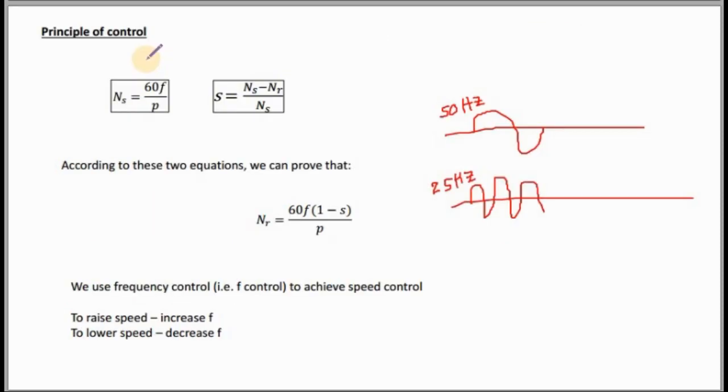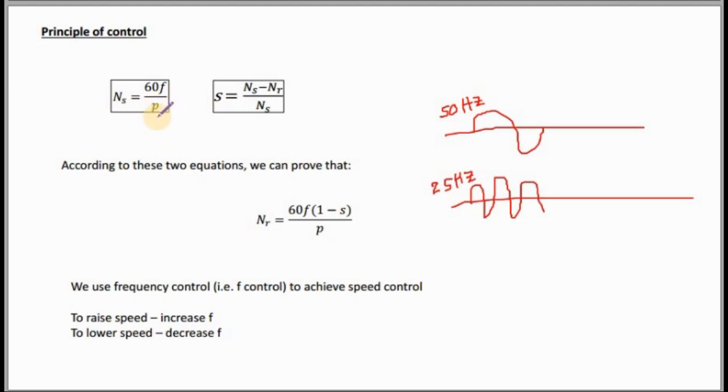Principle of control. So here you can see the equation for NS or synchronous speed. So it's equal to 60F, F here is applied frequency, normally it's 50 Hz, divided by P. P is pole pairs of a particular motor.